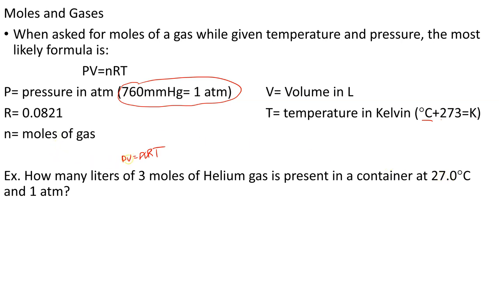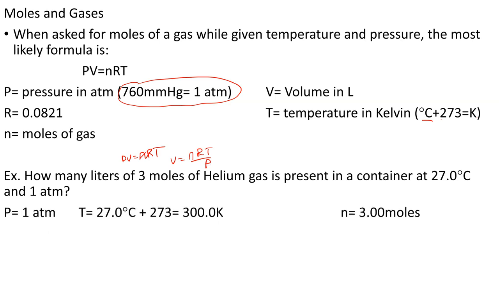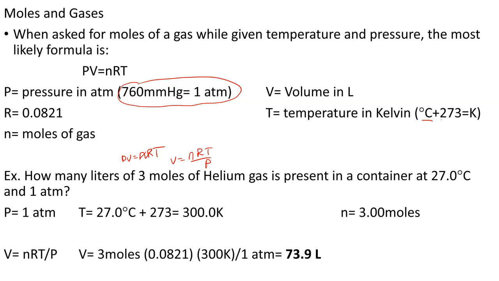I have my pressure, which is 1 atmosphere, so I'm looking for V. So basically your formula becomes this, nRT over P. So here's my pressure, there's my temperature, and those are the calculations. Plugging in 3 moles times 0.0821 times 300 divided by my pressure gives my volume, which is 73.8 liters. So that's my answer. That's how you do it.